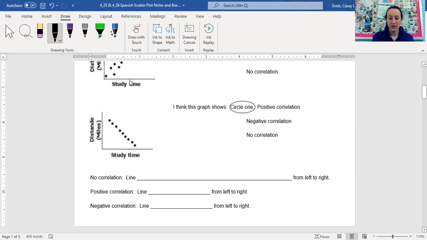So, no correlation. The line doesn't look to rise or fall from left to right.